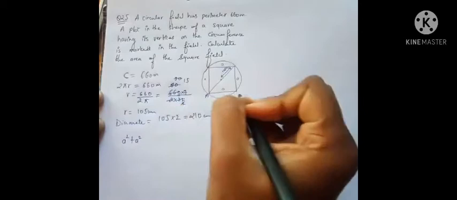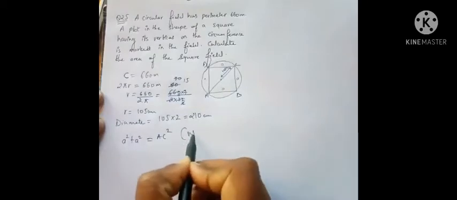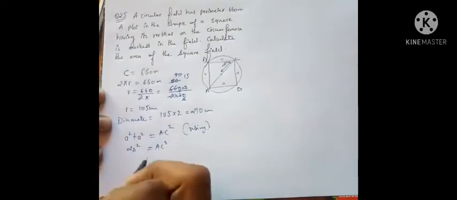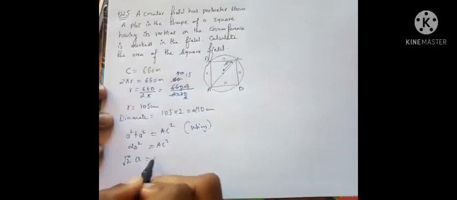A square plus A square equals AC whole square, using Pythagoras theorem, you all know that. So 2A square equals AC square, and the square goes to the other side and becomes a square root. What is the value of AC?